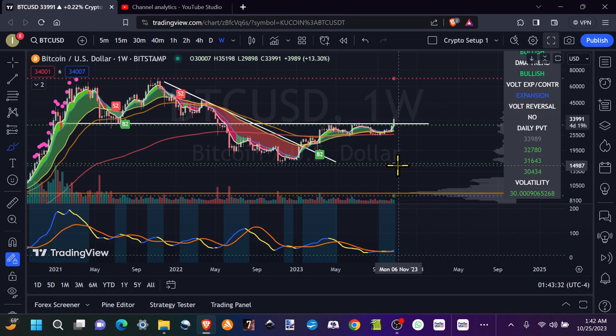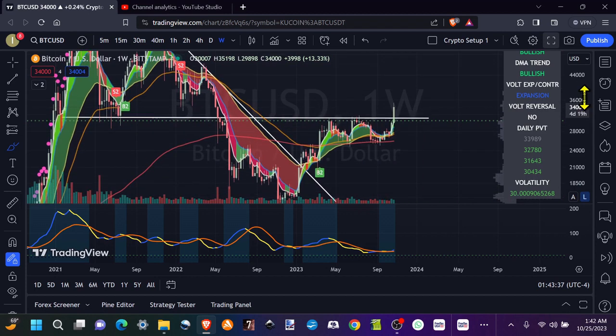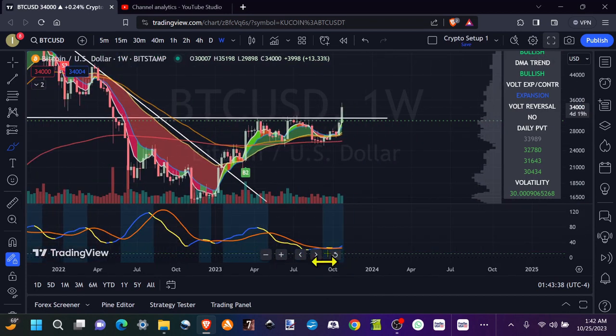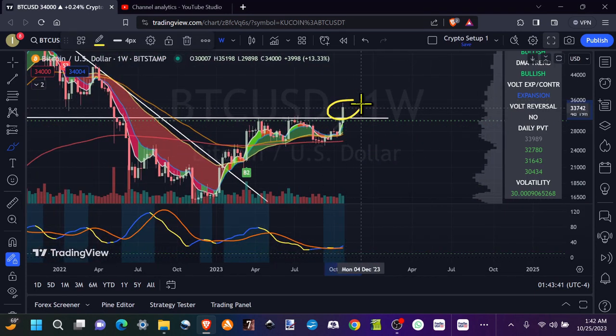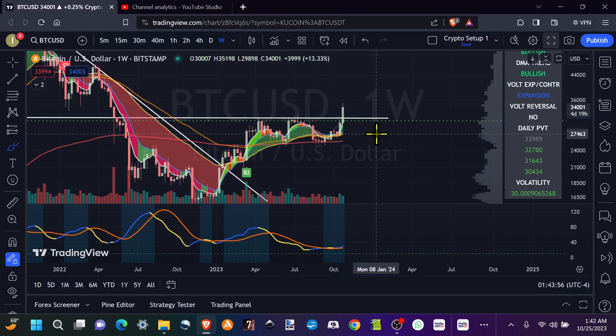Okay, but we really need to see this close above this line this week. Now, if we fail, if we have a pullback and if we break that line again, that's going to be a different story. Then we have to look at the support line of the moving averages.